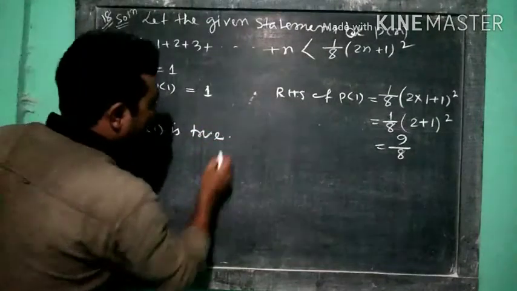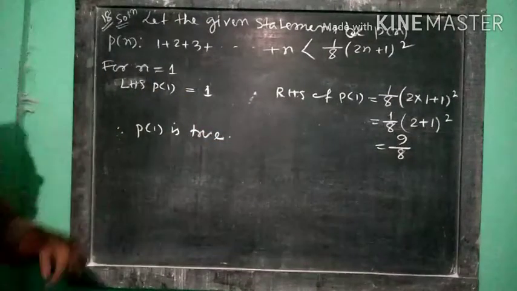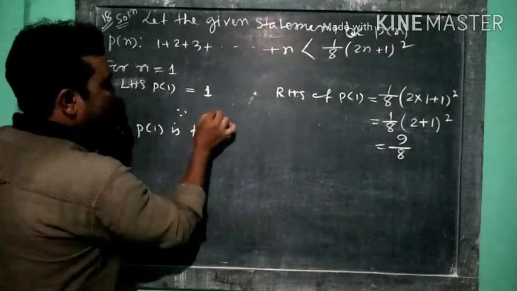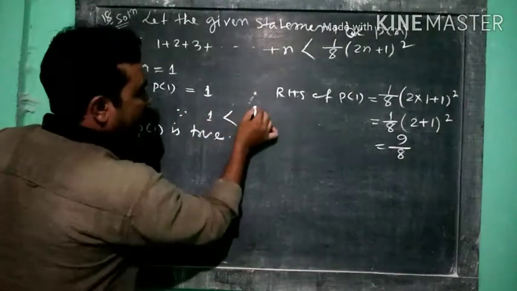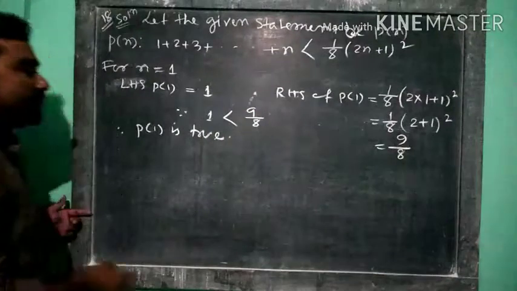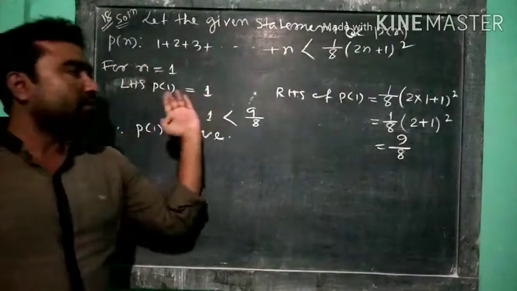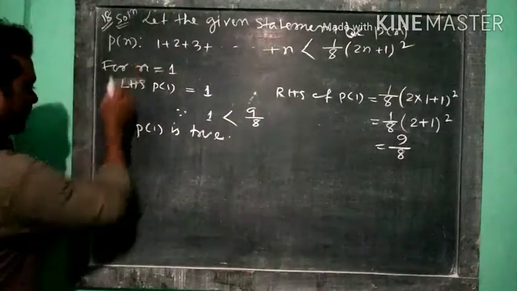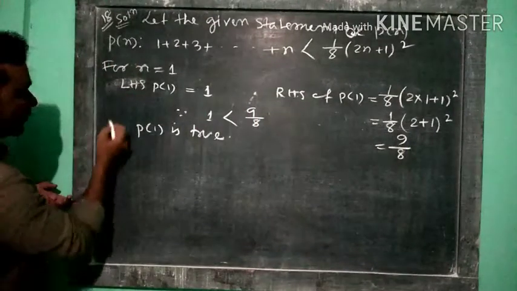It is clear from the left hand side and right hand side that p of 1 is true. We write here since 1 is less than 9 by 8, so from this we can say that the first condition for n equal to 1 is satisfied. Step number 2 is for n equal to k.